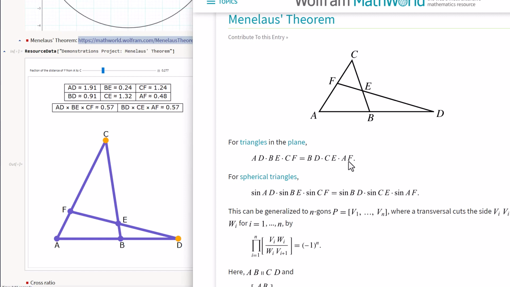These are all undirected lengths. In Euclidean geometry, you sometimes have AD as a positive distance and DA as the negative distance. But if we purely think about the scalar relationship, this is what we have. And this relationship can be quickly proved in the Euclidean case.